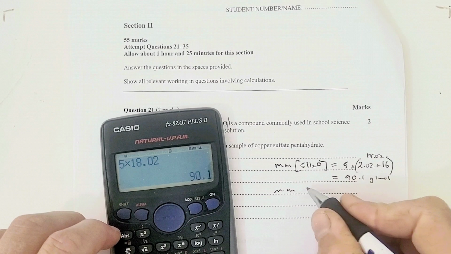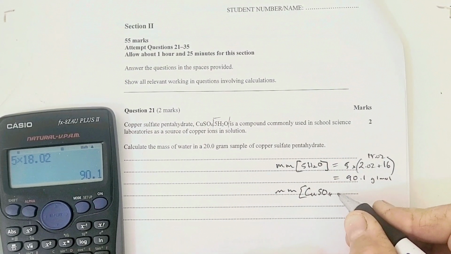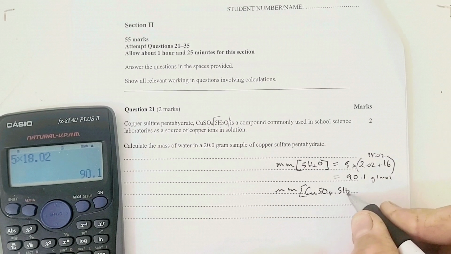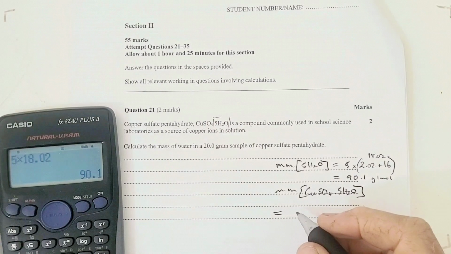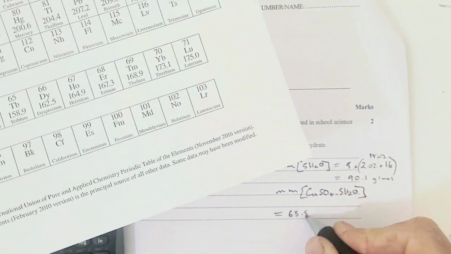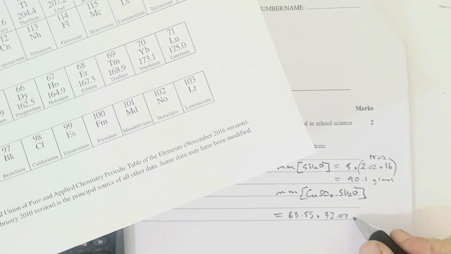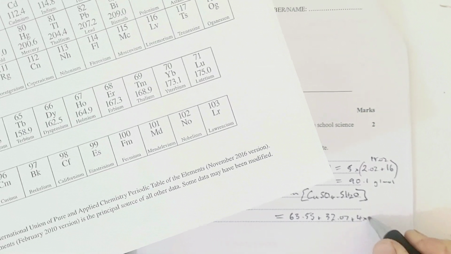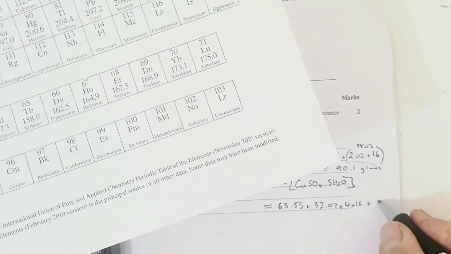What's the molar mass of the entire thing? CuSO4.5H2O. Well, that's going to be, get your periodic table out. Copper 63.55 plus sulfur 32.07 plus 4 lots of oxygen plus the 90 grams.